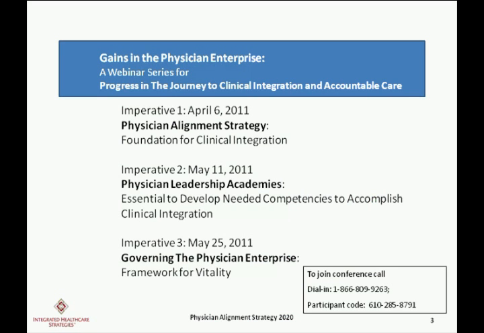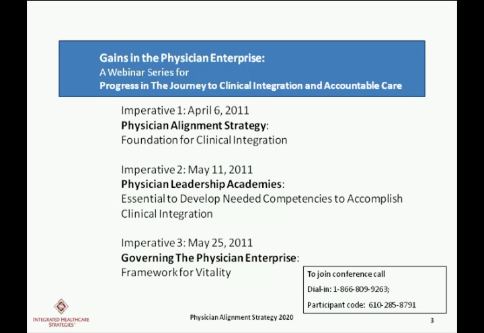There are informal and formal co-ventures, councils to have joint planning, and a wide variety of other areas that sometimes create confusion if you don't have a roadmap to weave your way through the governance and strategic decision-making processes important for that physician enterprise to work well. So on May 25th, we're going to focus some attention on some of the structures and strategies that seem to be working well across the country to oversee and govern the physician enterprise.